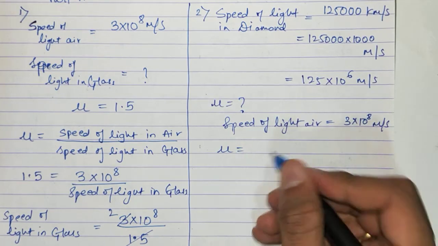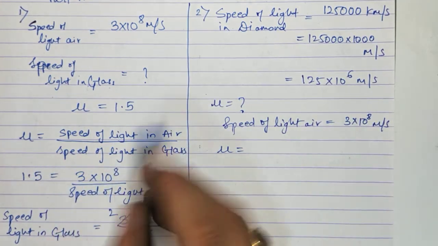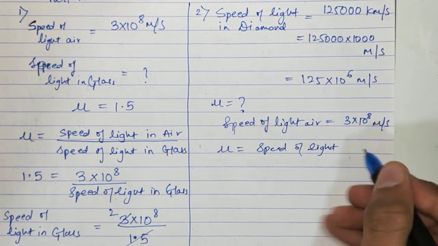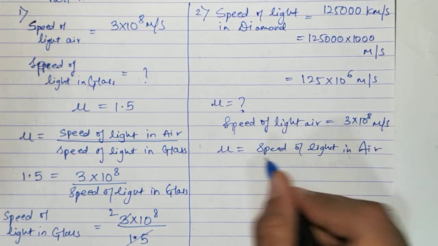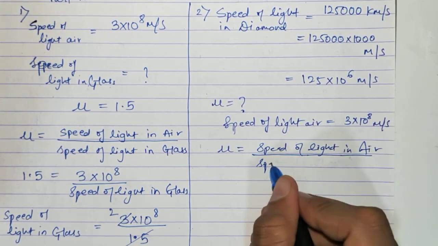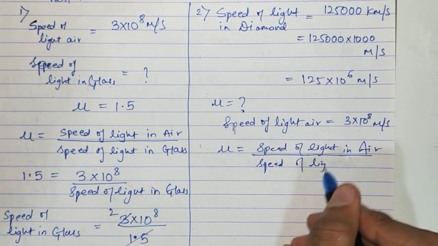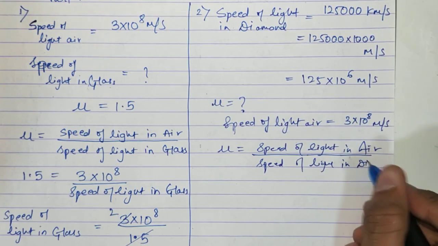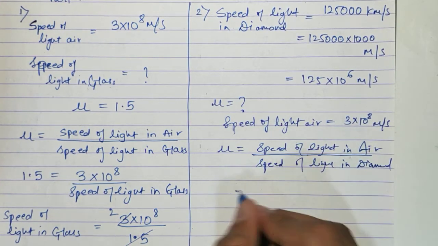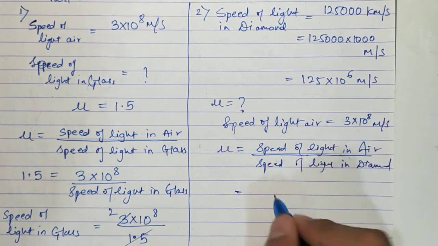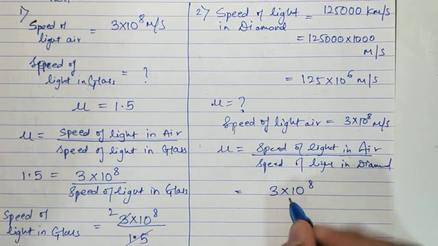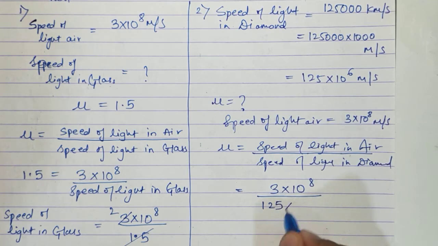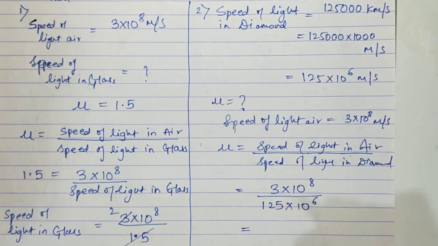So let's use the same formula: speed of light in air upon speed of light in diamond. The second medium is diamond. Now the speed of light in air is 3 into 10 raised to 8, upon 125 into 10 raised to 6.